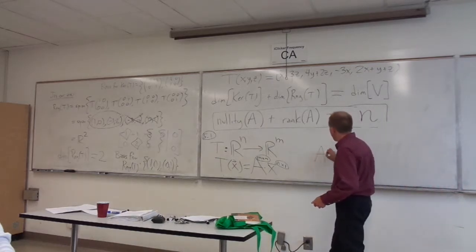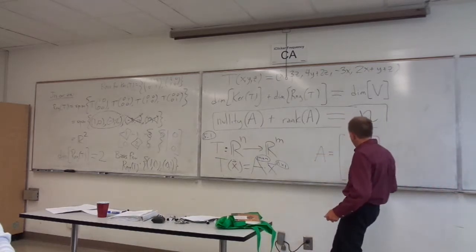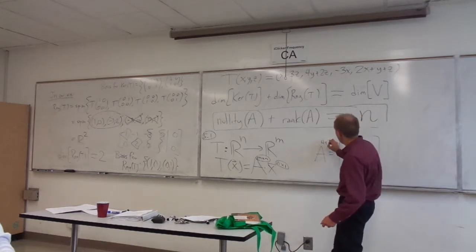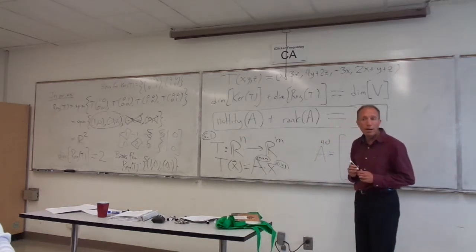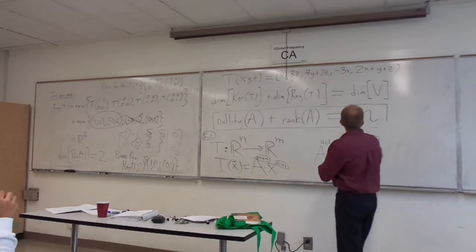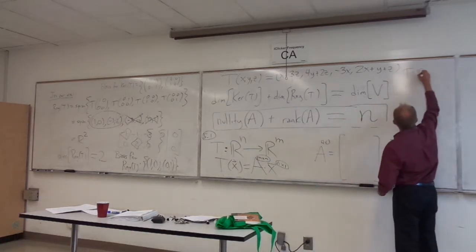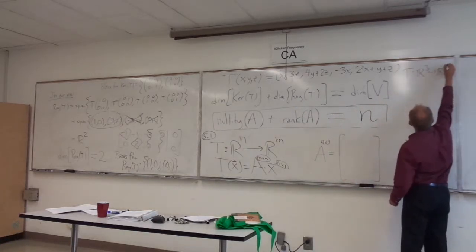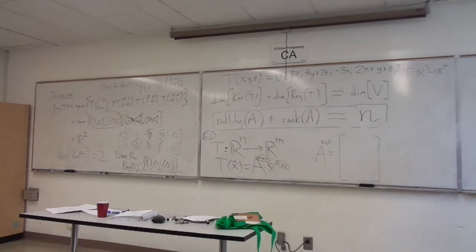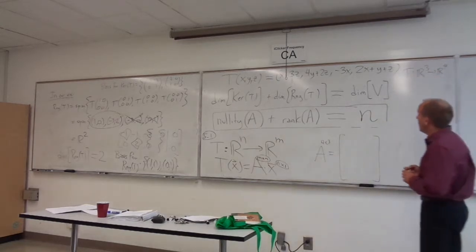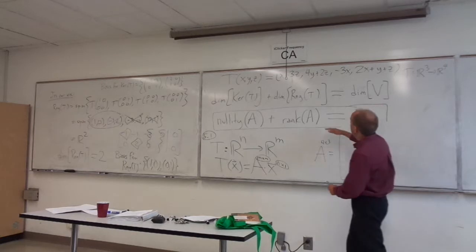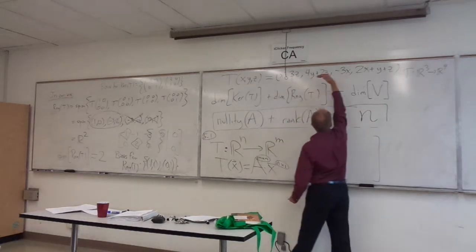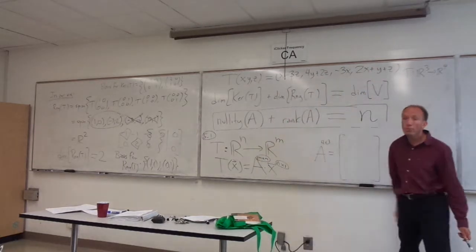I asked you guys to do this in a lot of homework problems already. Basically, it's 4 by 3, right? So this T goes from R3 to R4. So the n is 3 and the m is 4. And the way it really works is each one of these slots gets a row.